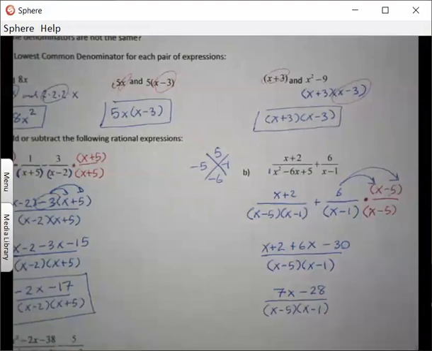Now, after you have added, combined like terms, and simplified the numerator, you want to check to see if it is factorable. In this case, 7 and 28 are both divisible by 7.